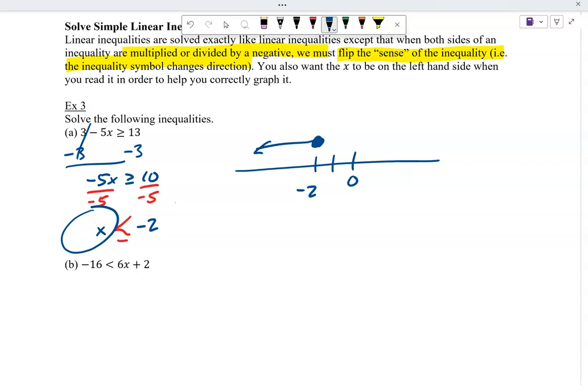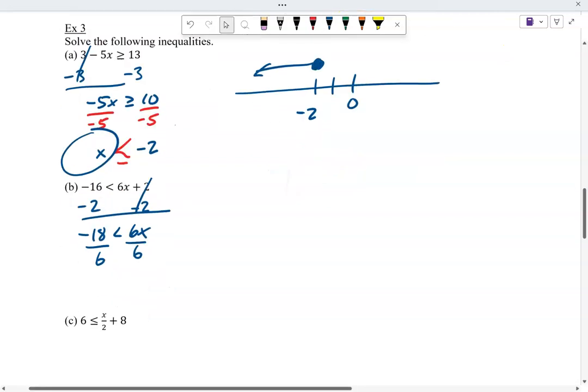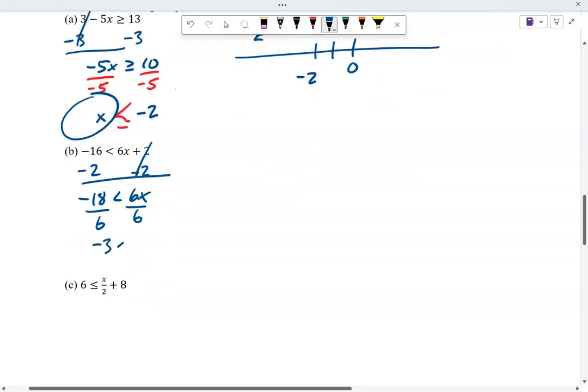Let me give you an example. Let's do this next one here. I subtract 2 first. So I have -18 less than 6x. I divide both sides by 6. Now that's a positive number, so I don't have to switch the sense of the inequality. But don't graph it right here. You'll probably graph it wrong. You got to have the x on the left-hand side.